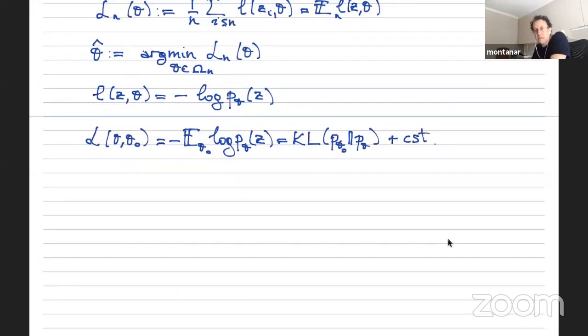So this is uniquely minimized at the desired parameters.